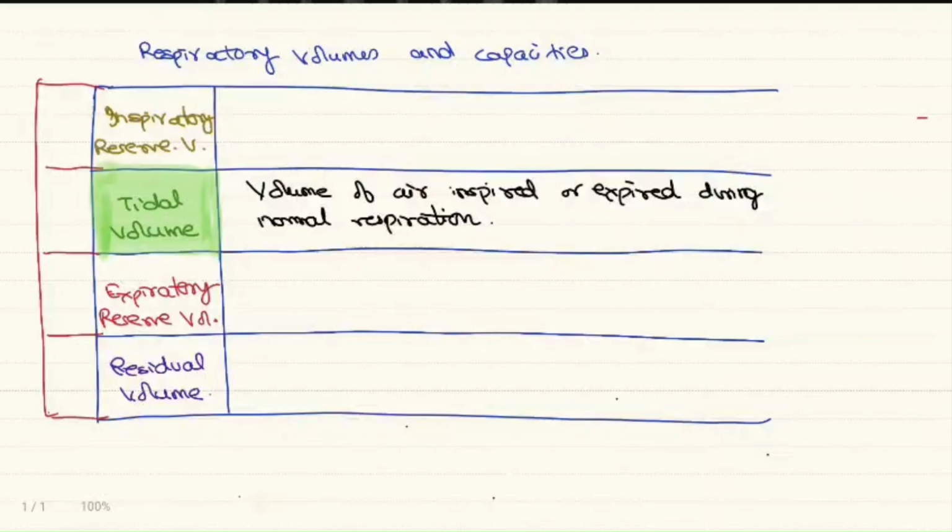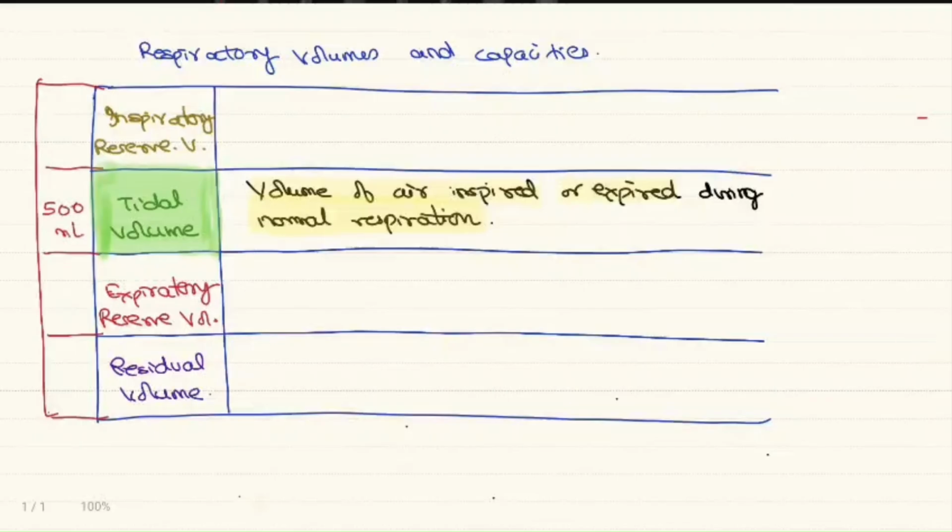So tidal volume is the volume of air that is inspired or expired, that is the air which we inhale or exhale during normal respiration. The normal breathing process, how much we inhale and how much we exhale, is called the tidal volume. And this tidal volume is 500 ml for one time.